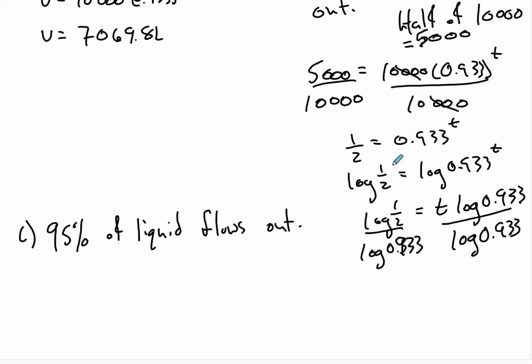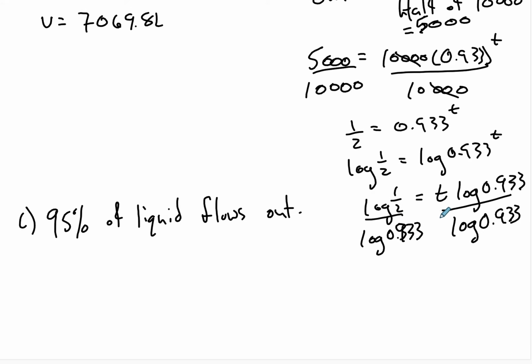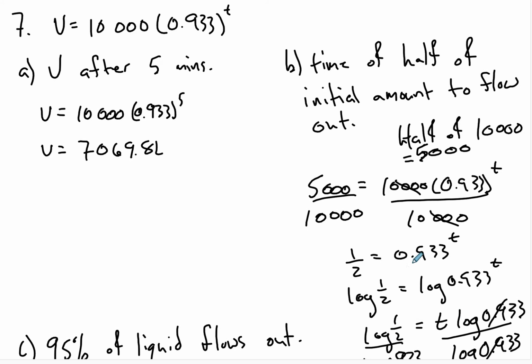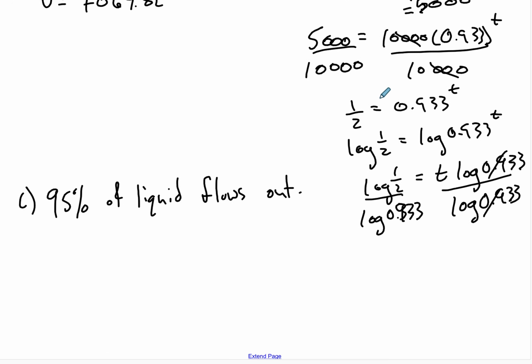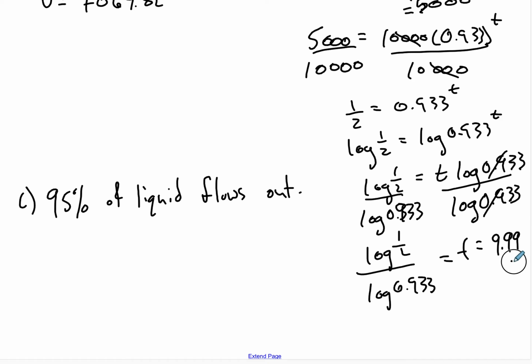I always stress that you can leave things as an expression of log, but for the sake of this question where we want to actually know the amount of time to flow out, let's put that into our calculator. So log of 1/2 over log of 0.933 is equal to t, and putting that into our calculator gives 9.99 minutes.